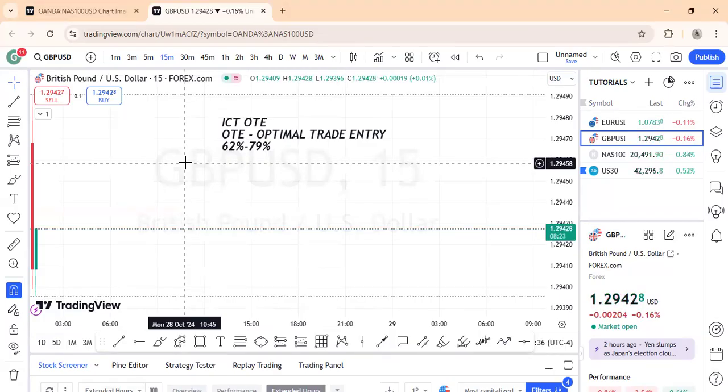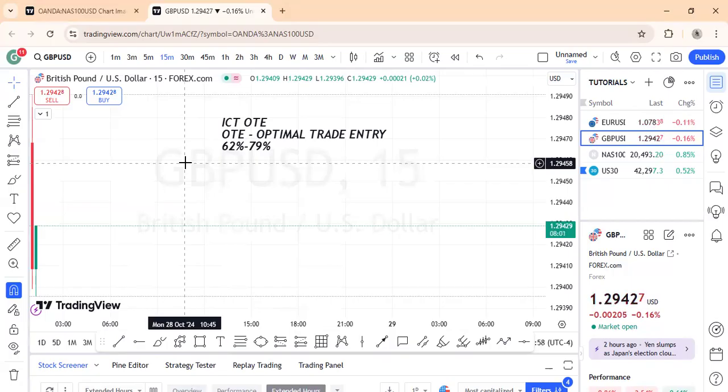Now, ICT OTE is a very simple strategy. It does not depend on so much, because when you're using other trading methods, you're using breaker blocks, other blocks, imbalances, demand and supply.